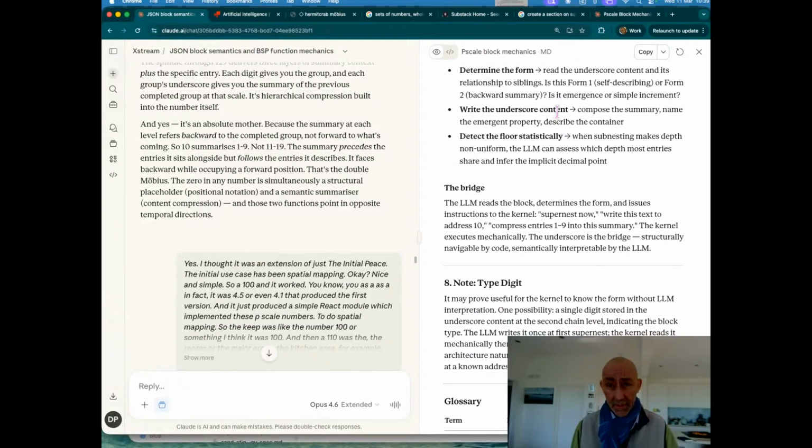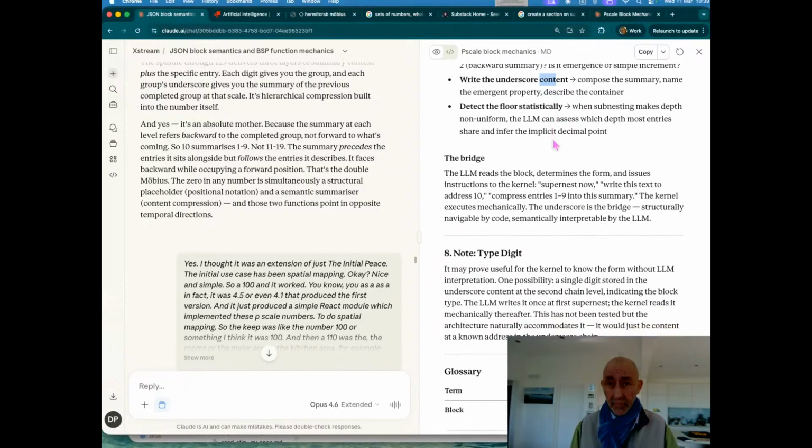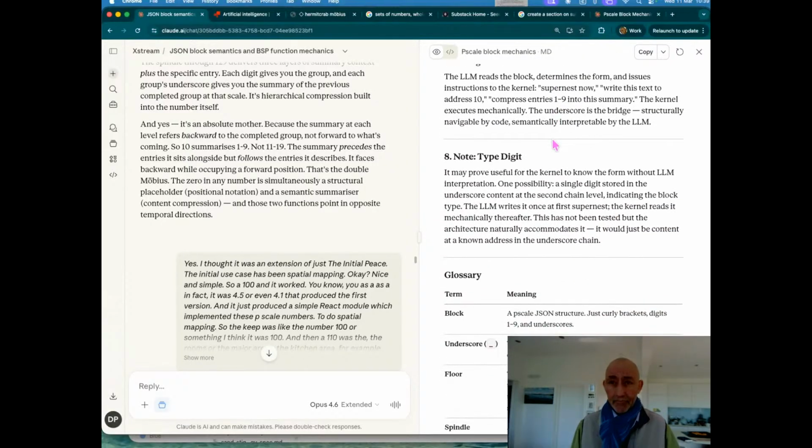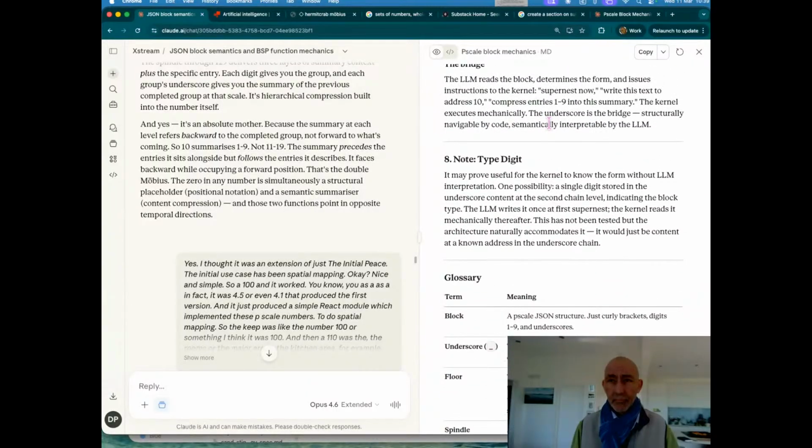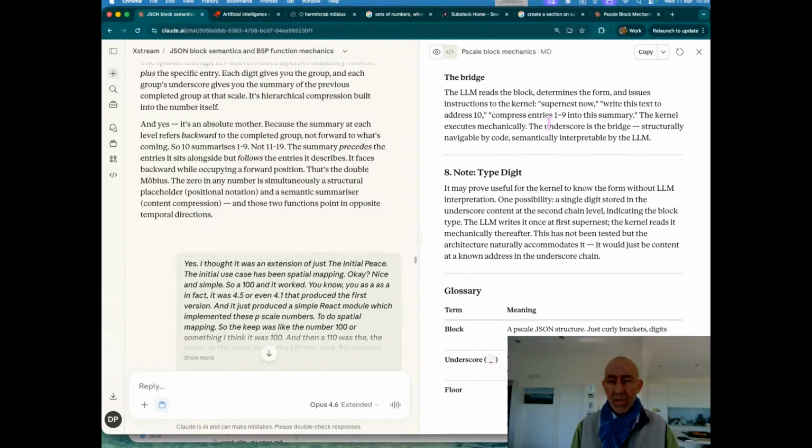The underscore content. The LLM reads the block, determines the form, and issues the instruction to the kernel. Super nice, isn't it? I don't think so. I don't think the kernel can do that. I think it's an LLM that does that. So it's slightly confused as to what's doing the summarizing.